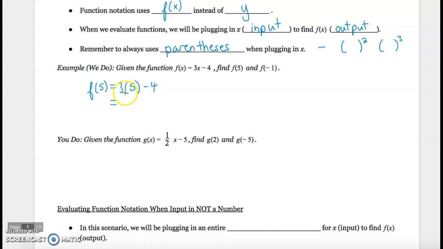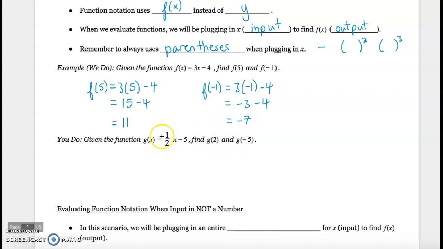And then we simplify. 15 minus 4, 11. If I'm finding f of negative 1, do the same thing. Everywhere there's an input in my function, I'm plugging in a negative 1. 3 times negative 1 is negative 3. Minus 4 more gives me negative 7.